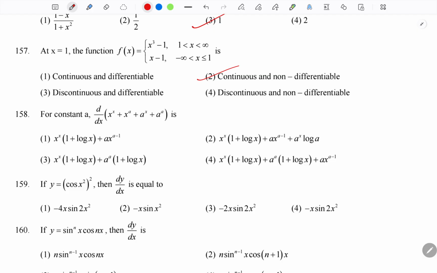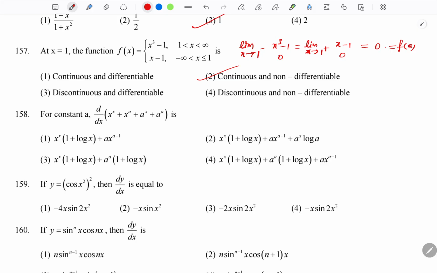If I substitute, clearly the function is continuous at x equal to 1: 1 minus 1 is 0, 1 minus 1 is 0. Coming to differentiation, the limit as x tends to 1 minus of x cube minus 1 equals the limit as x tends to 1 plus of x minus 1. Both, how much are we getting? 0. Here we are getting 0, here also we are getting 0. And if we substitute x equal to 1, we will get f of 1, which is nothing but 0. That is the continuity definition.